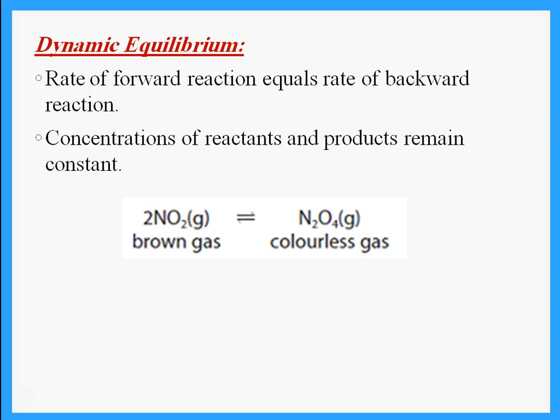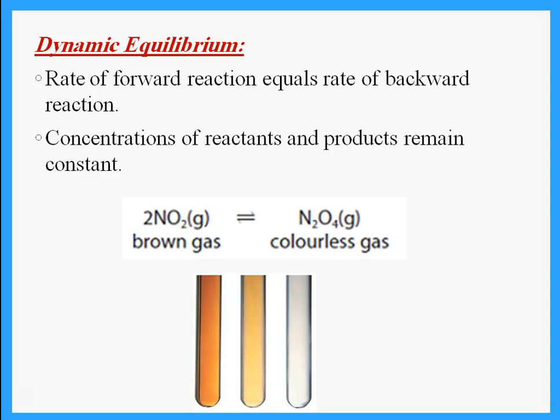For example, if I have this reaction, nitrogen dioxide gas is a brown gas. Now, sometimes it dimerizes, that means every two join together and form N2O4, which is a colorless gas. But this colorless gas can again break down to form a brown gas.